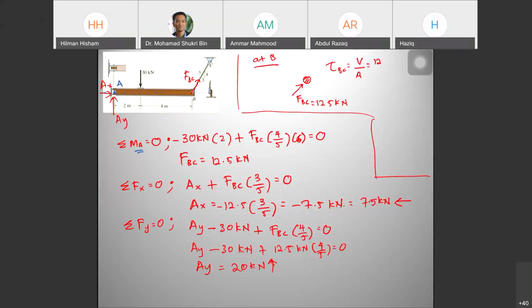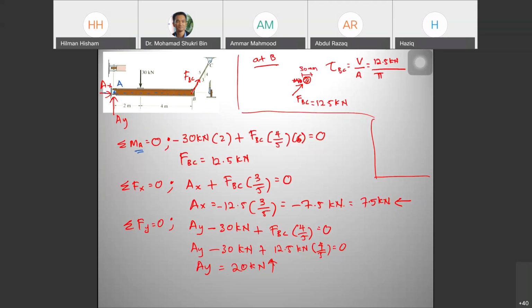So you have 12.5 kilonewton over the area of BC, the area of pin B. Area of pin B is 30 mm diameter.